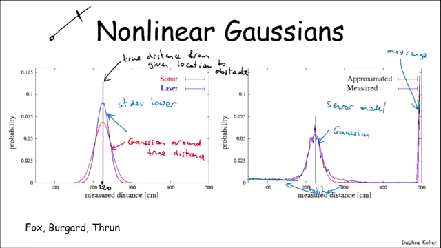So the actual probability distribution is an aggregation of these three signals: the sensor model around the obstacle in a given direction, this uniform distribution before the obstacle, which is for just a spurious return, and the max range reading at the end.